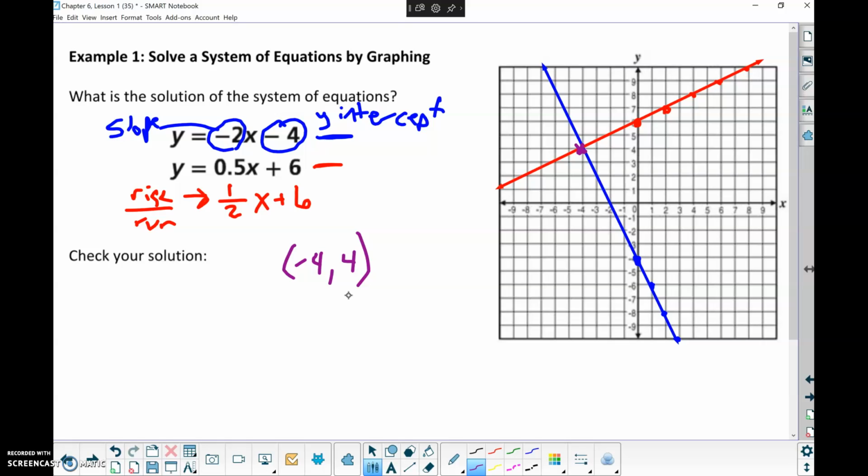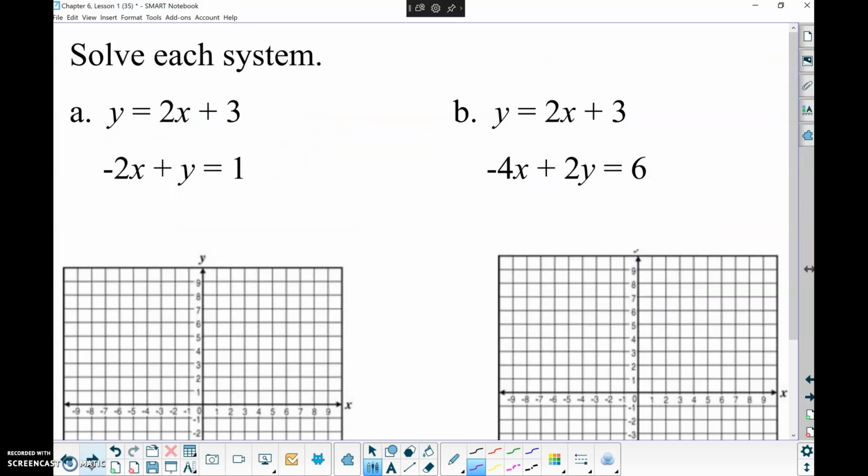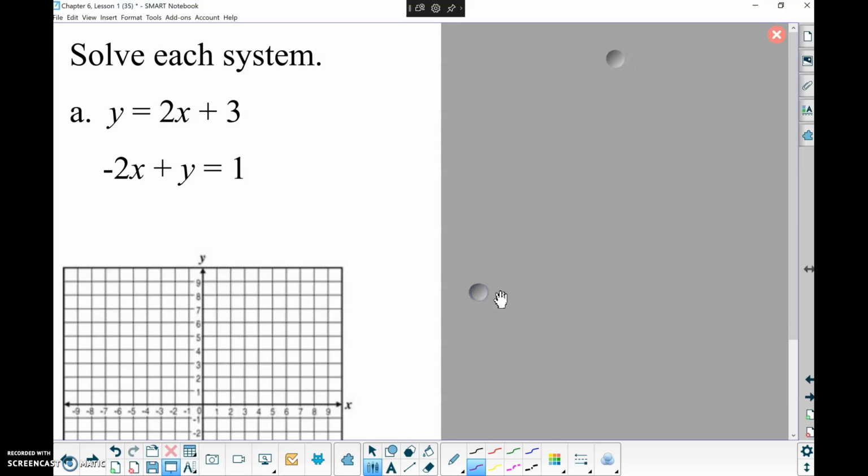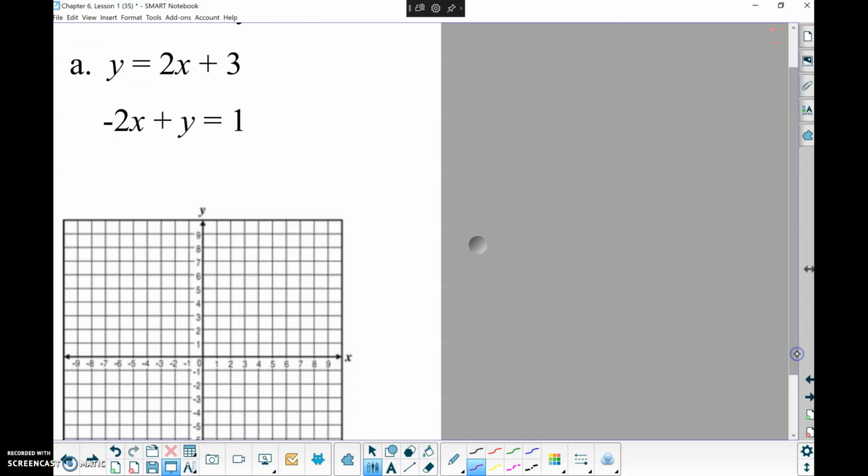All right. Moving to the next one. So we are going to work on this one. When we solve a system, we could have a solution, one point of intersection, great.